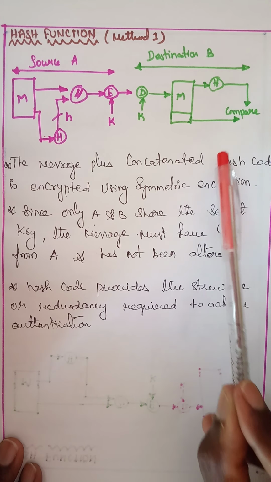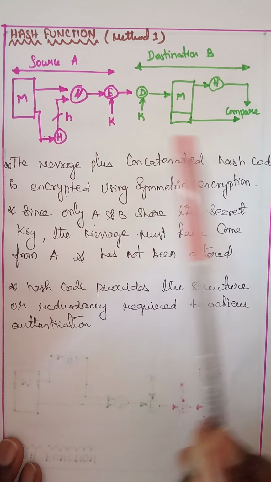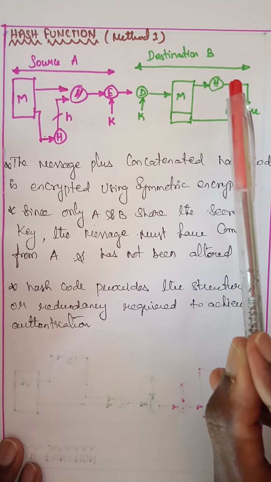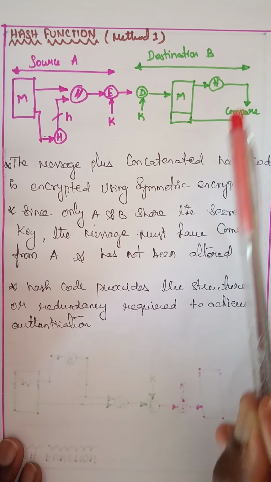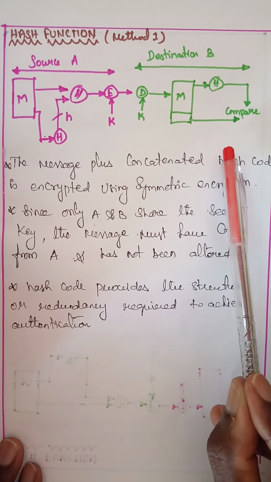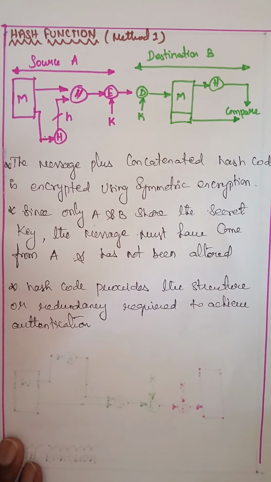If both are the same, then we authenticate that the sender is a proper sender and the receiver is also a proper receiver. If the generated hash code and the decrypted hash code are not the same or are mismatched, then authentication cannot be achieved.